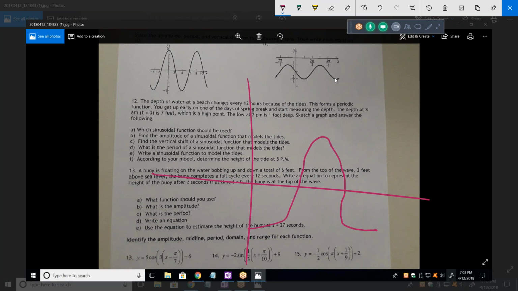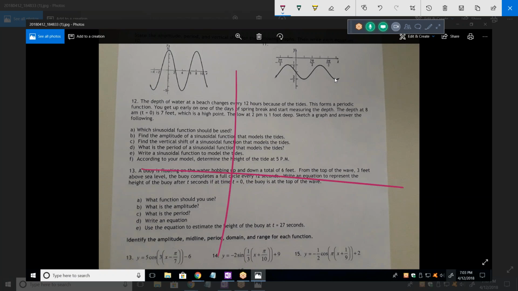Negative cosine? You got it. I think you understand it now. What is that? Negative sine, I think. Correct. And that's the closest thing we're looking at.